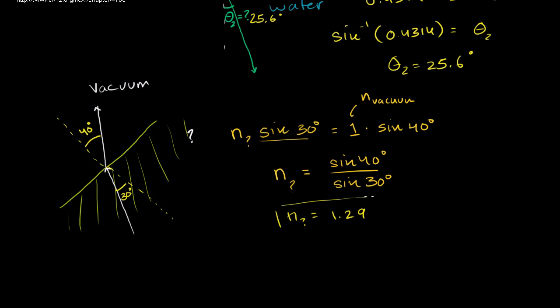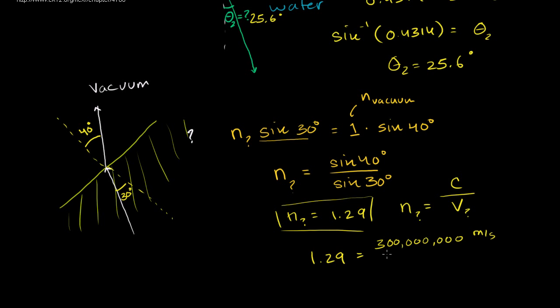So we're able to figure out the unknown refraction index. And we can actually use this to figure out the velocity of light in this material. Because remember, this unknown refraction index is equal to the velocity of light in a vacuum, which is 300 million meters per second, divided by the velocity in this unknown material. So we could write 1.29 is equal to 300 million meters per second divided by the unknown velocity in this material.